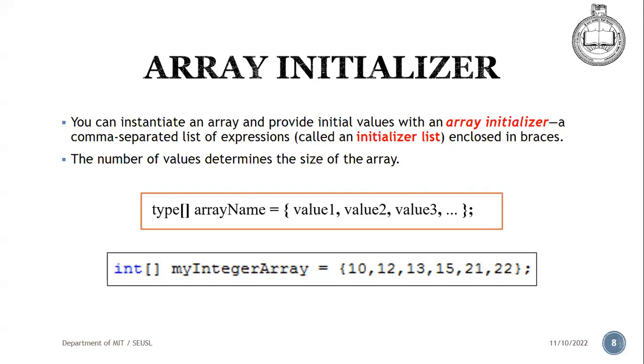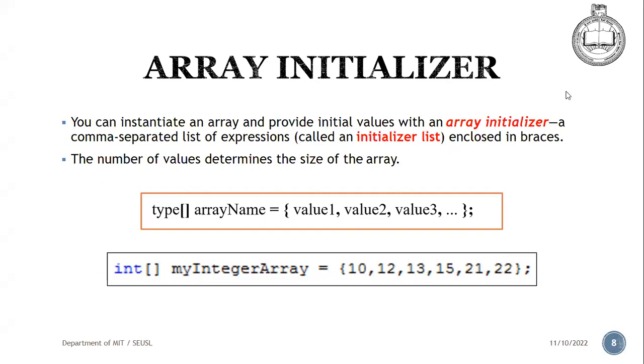Yes, the idea is clear. For the element 13, the index is 2, and for the element 22, the index will be 5. Yes, all of you have given me the correct answers. Thank you very much.